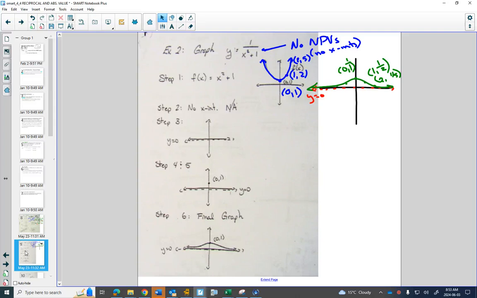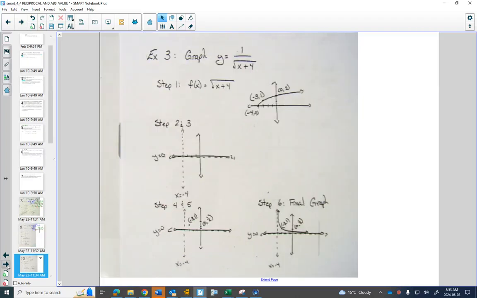Again, this one could have come up in chapter 2 as well, 1 over a parabola. But in chapter 2, we never did 1 over square roots. We never did 1 over cube roots or 1 over x cubed. So now we have some new graphs that we're going to do 1 over. But the process or the steps is the same. So first, again, I'll do it in blue.